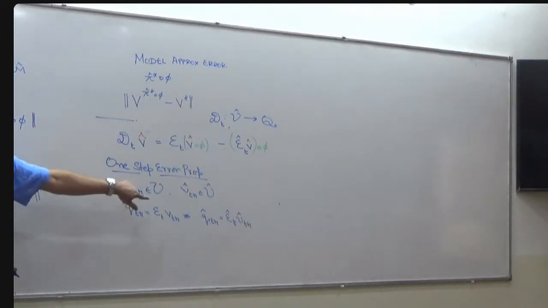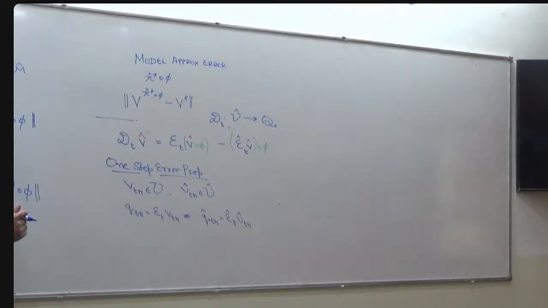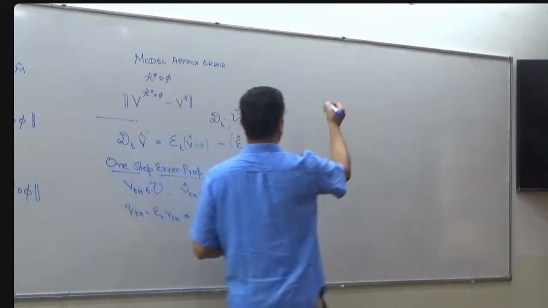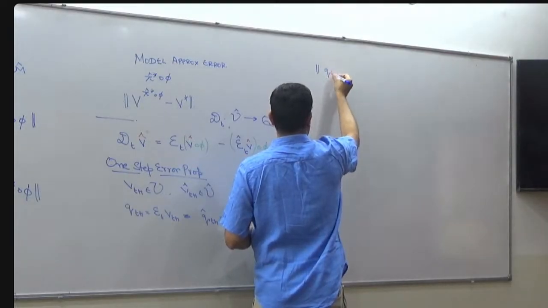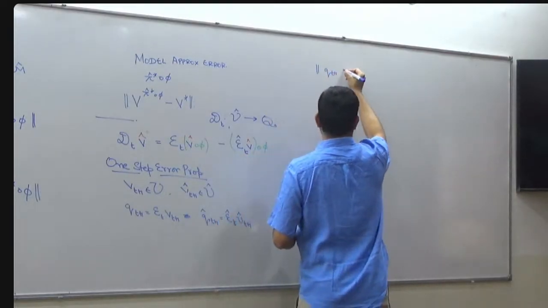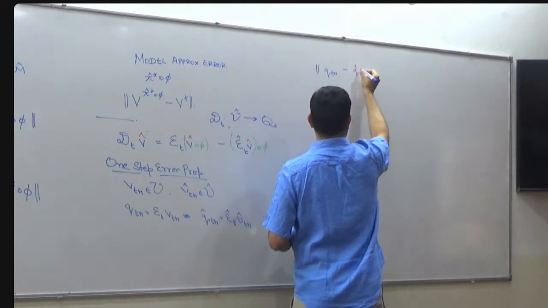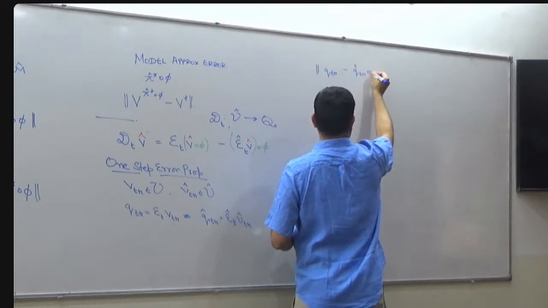Can I say something about the error of these two? What I would have to obtain is Q t plus 1 minus Q hat t plus 1.